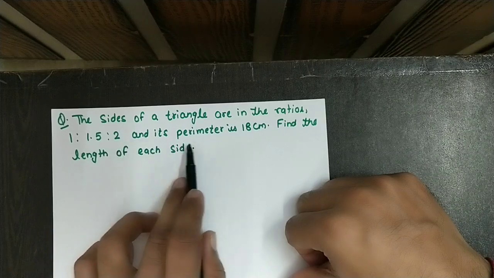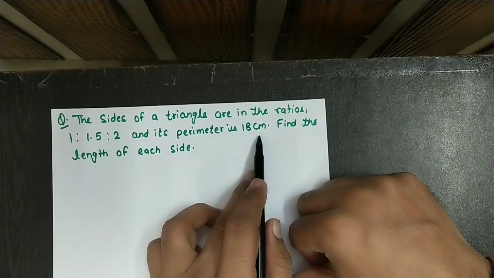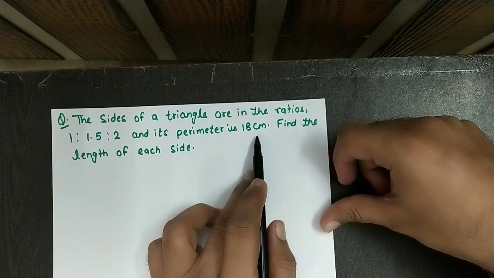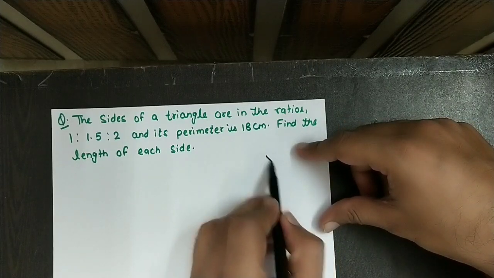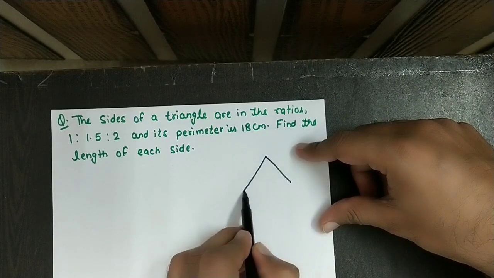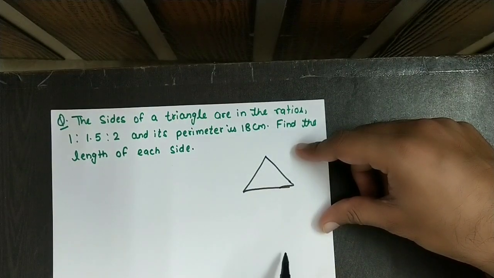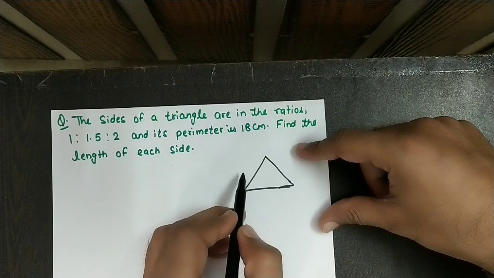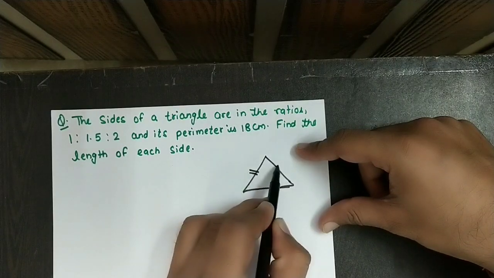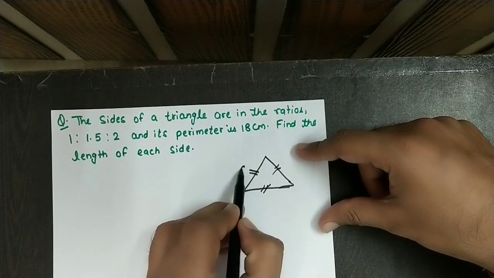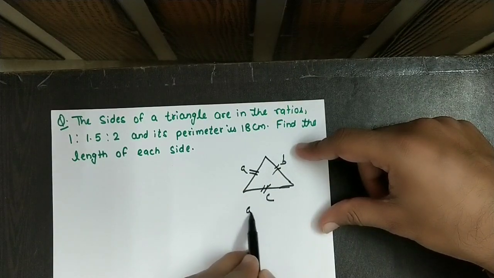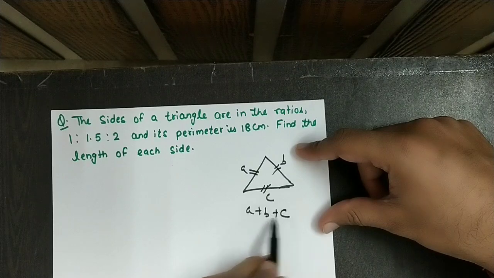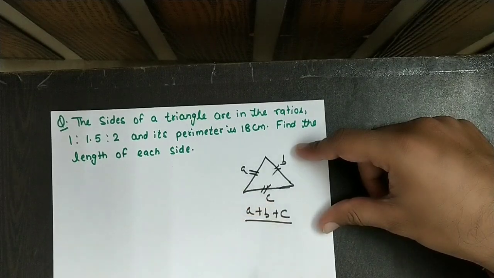Our next question is, the sides of a triangle are in the ratio 1:1.5:2 and its perimeter is 18 centimeters. You know the triangle. Suppose this is the triangle, its perimeter means the sum of all three sides, side A, side B, side C. The perimeter should be A plus B plus C, all three sides.